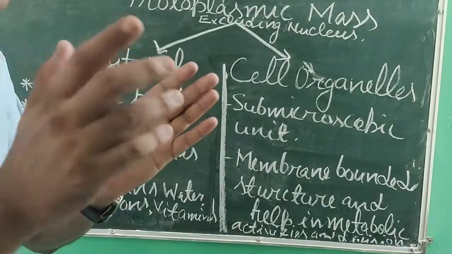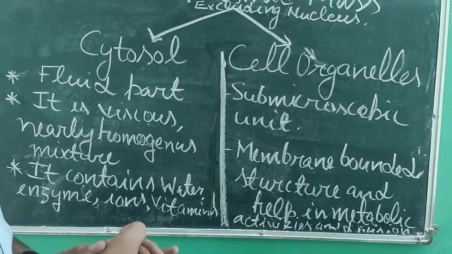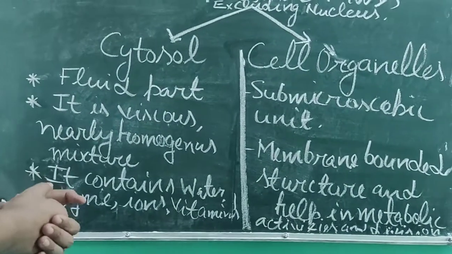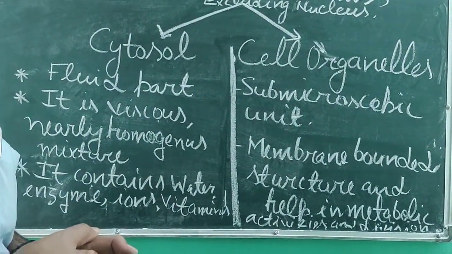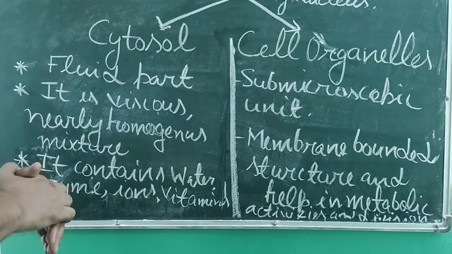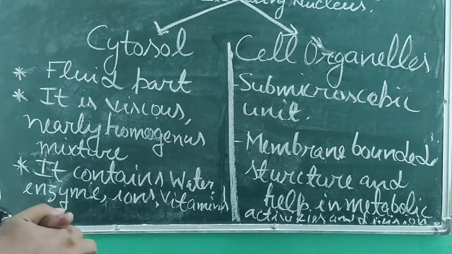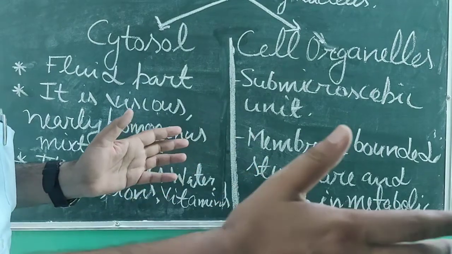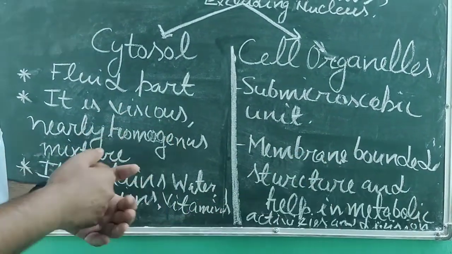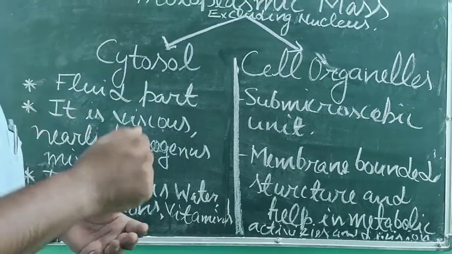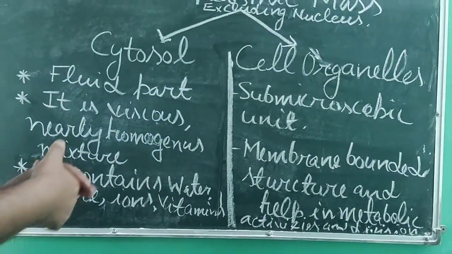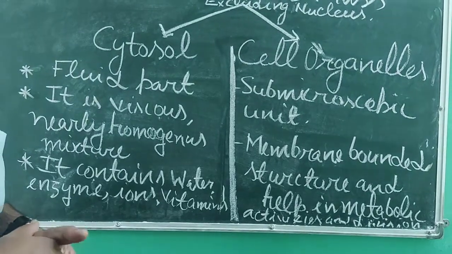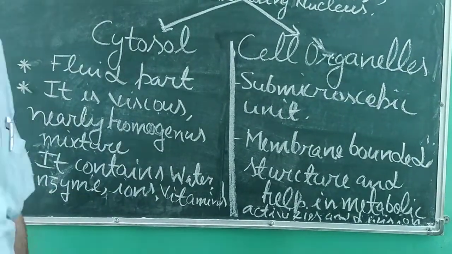Cytosol is a fluid-like part that has a homogeneous mixture in it and helps in biochemical activities. It contains some important substances like water, enzymes, ions and vitamins, students.